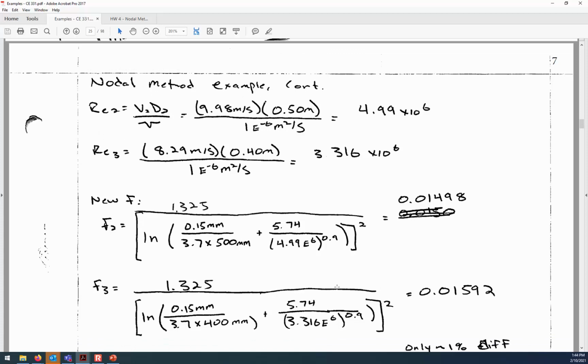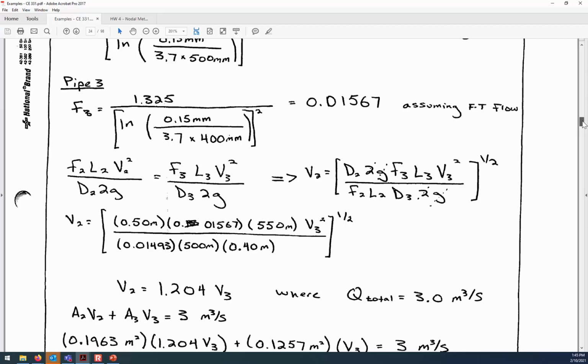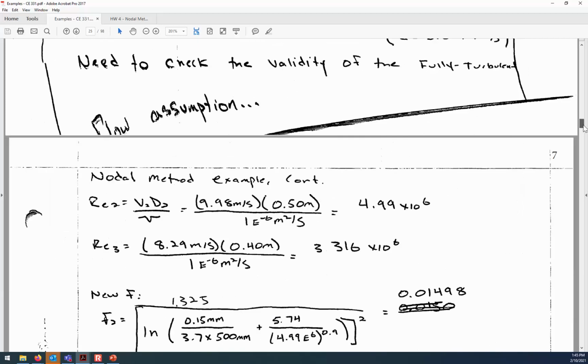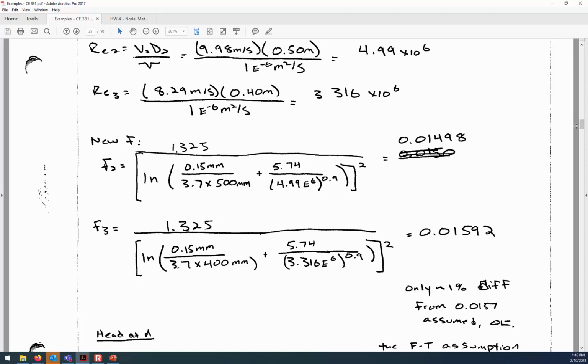So with the full version of the Jain equation, it turns out that for pipe 2, the updated F value is 0.01498. Well, what was it originally? 0.01493. That's pretty close. That's within 1%. So we breathe a sigh of relief.